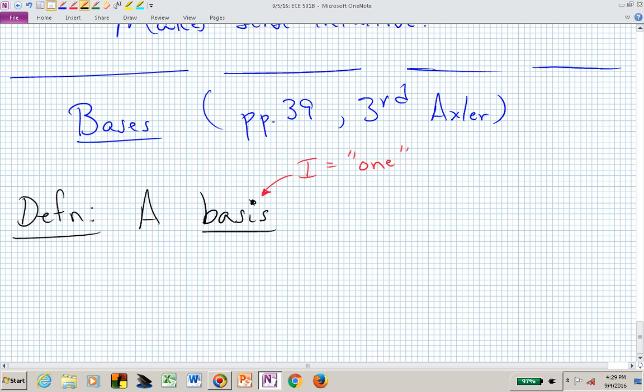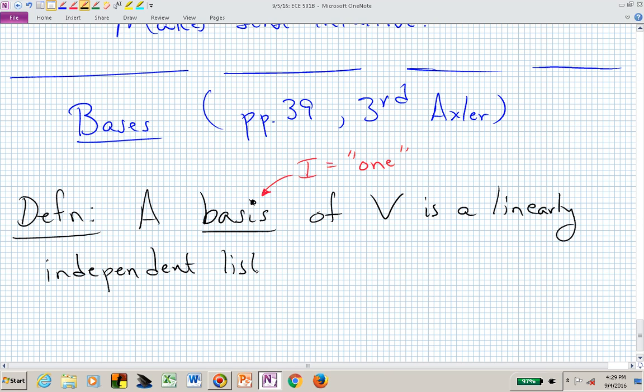A basis of a vector space V is a linearly independent list of vectors that span V. And in that definition, you can see two properties a basis has.